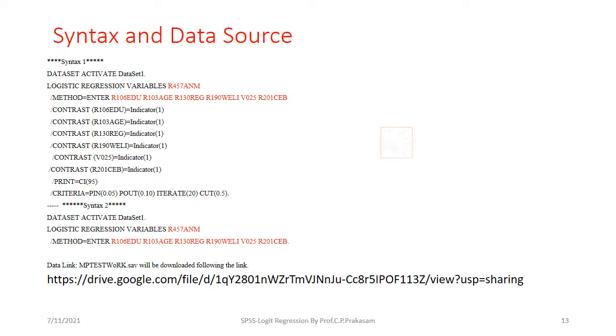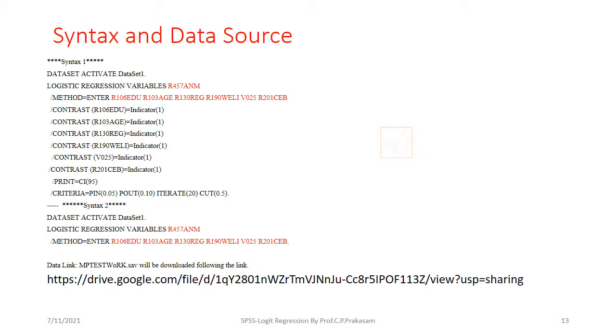Whatever is in red is to be introduced by the researcher, and the contrast is taken on the basis of the reference category, which we have given earlier as the first. Then it will come automatically down below. Then copy this and use the data link given below. Then you can run it for your exercise.